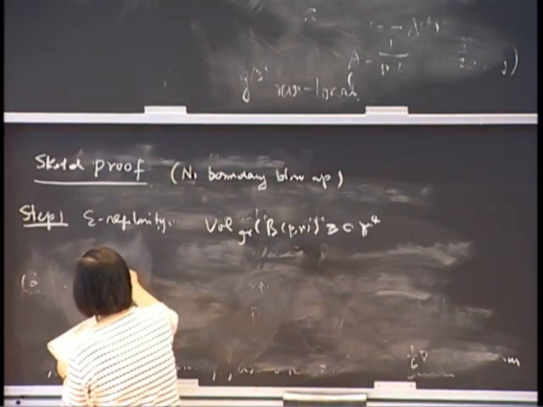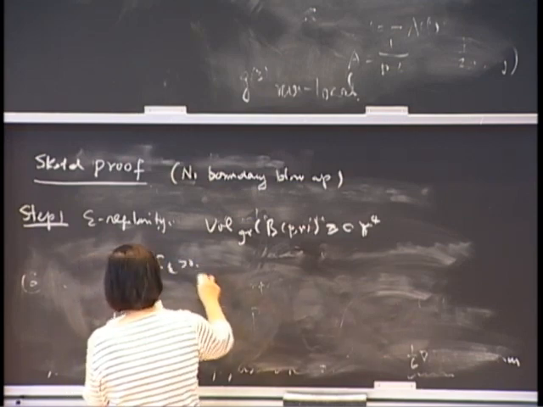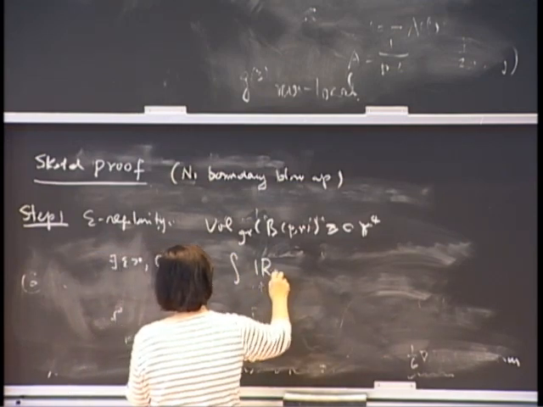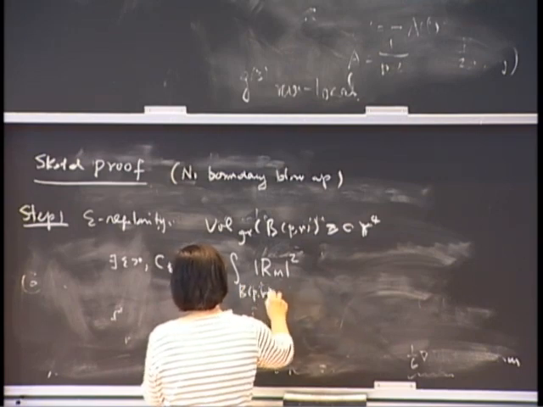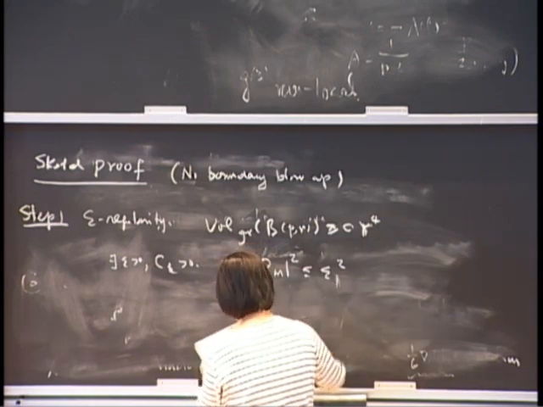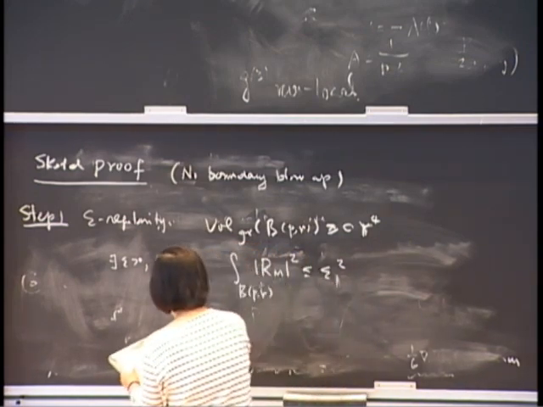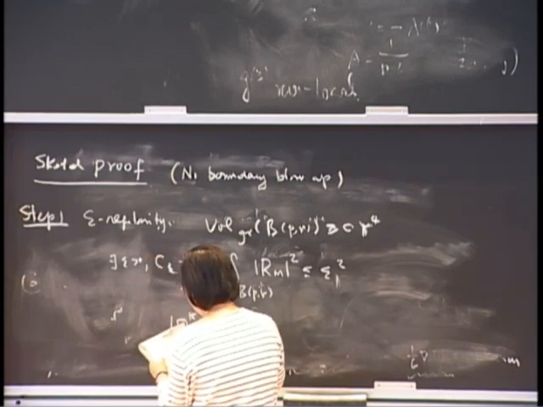Then there exist an epsilon positive and constants C_k positive such that if the curvature norm Rm squared on this ball is less than epsilon naught squared, then you actually have all the derivatives of the Schouten tensor.